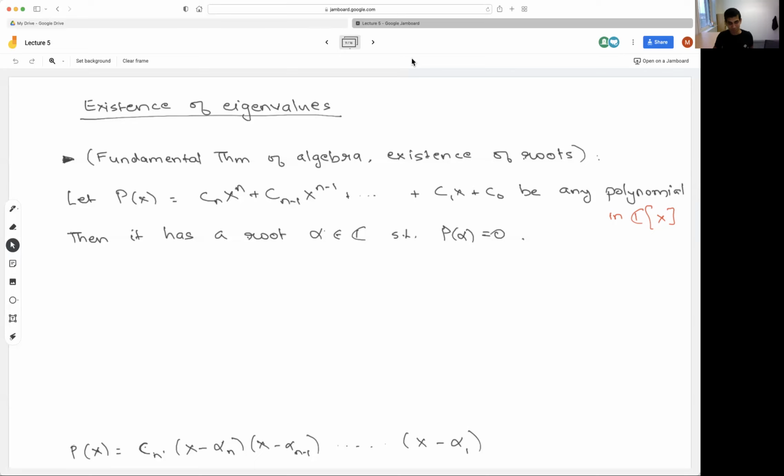But again, iterating this statement, you can prove that if a polynomial has one root, then you can actually find many roots. In fact, you can factorize the polynomial.